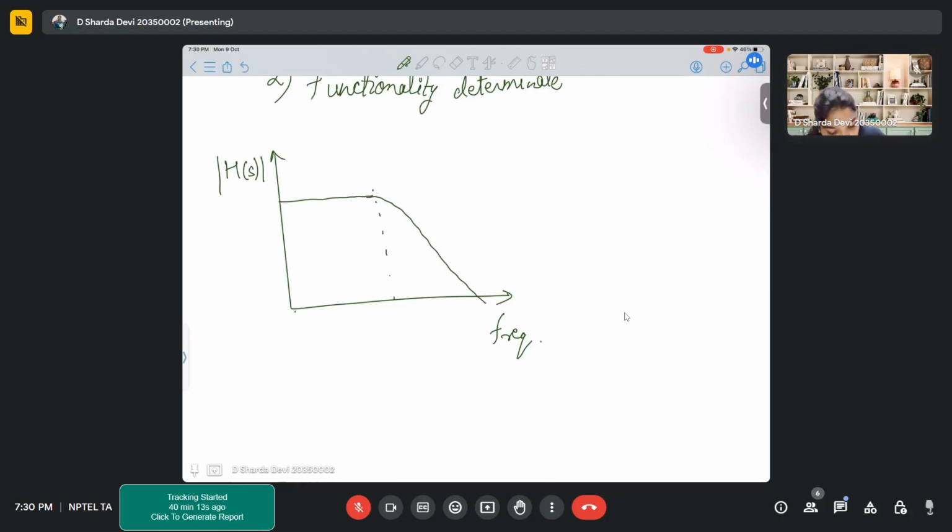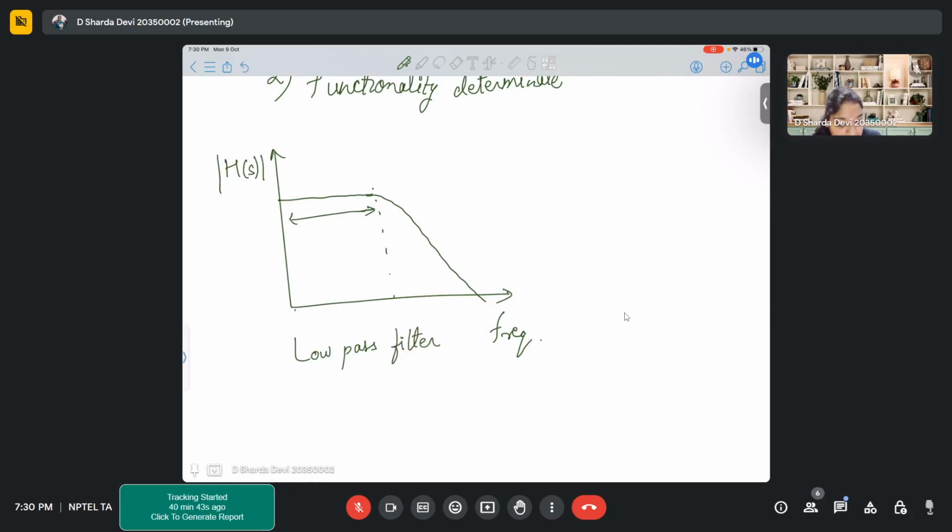What does this mean? Your circuit passes lower frequencies, and higher frequencies are being attenuated by the circuit. So what type of functionality does this circuit have? A circuit which can pass low frequencies and block the higher frequencies. So basically it is a low pass filter.